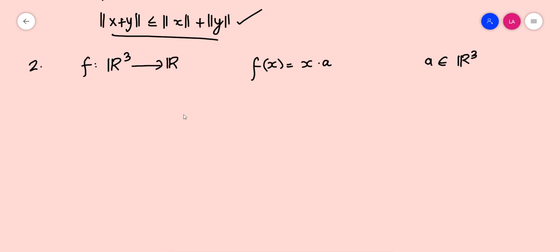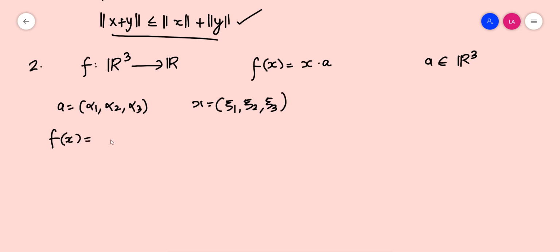If you denote a by alpha 1, alpha 2, alpha 3 and x by theta 1, theta 2, theta 3, f of x should be equal to x dot a, which by the definition of dot product is theta 1 alpha 1 plus theta 2 alpha 2 plus theta 3 alpha 3.